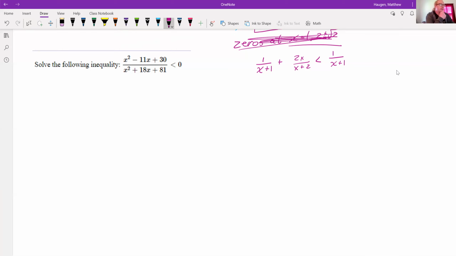Well, x is a variable. It could be anything. So if we multiplied both sides by x plus 1, if what we're multiplying by is negative, then we're supposed to flip the inequality. If what we're multiplying by is positive, we're supposed to not flip the inequality. Well, x plus 1 is both positive and negative depending on what your value for x is. So do we flip the inequality or not?